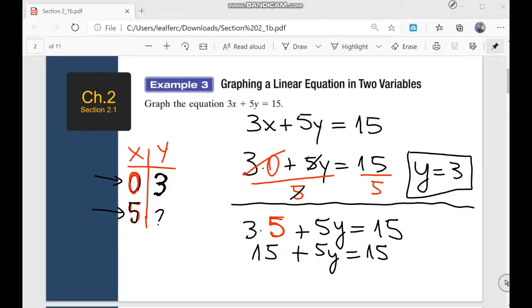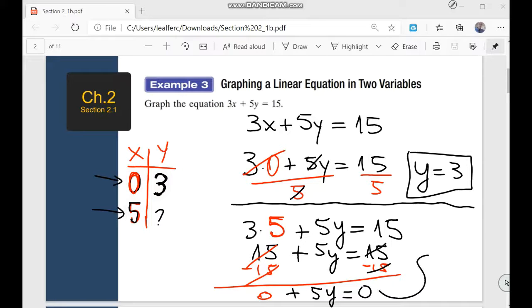That means we can subtract 15 on both sides of the equation. And look what you're going to have. 0, right? Plus 5y equals 15 minus 15, 0. Or y equals 0.